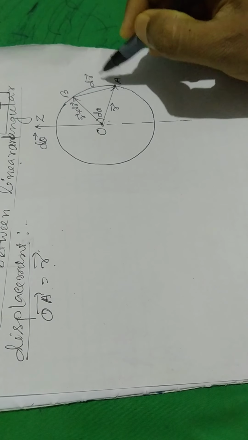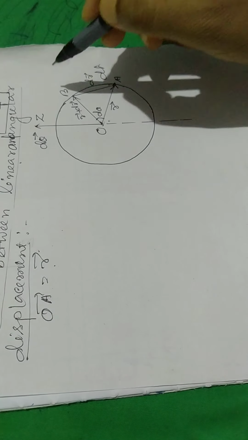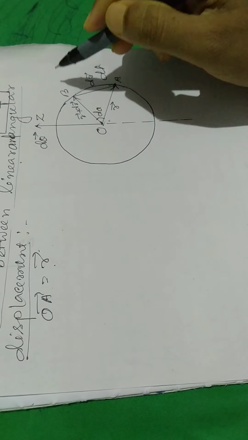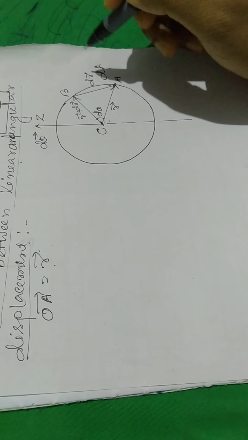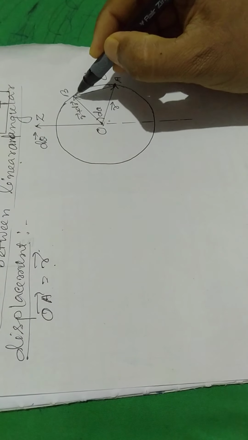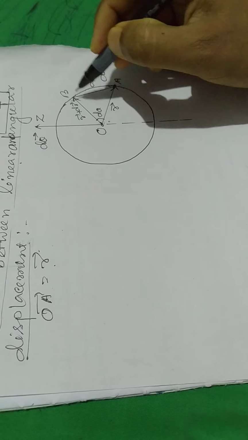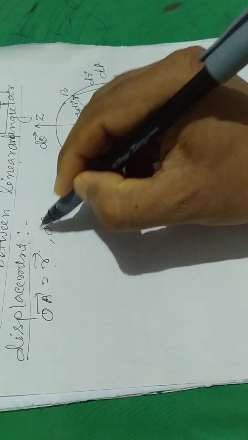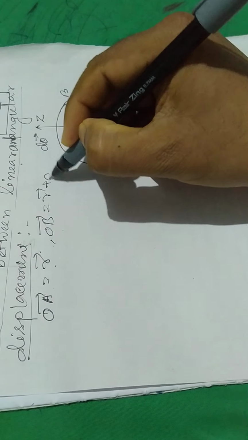Now after a small time dt, the particle reaches point B. Then the new position of the particle is OB, OB equals R plus dr.